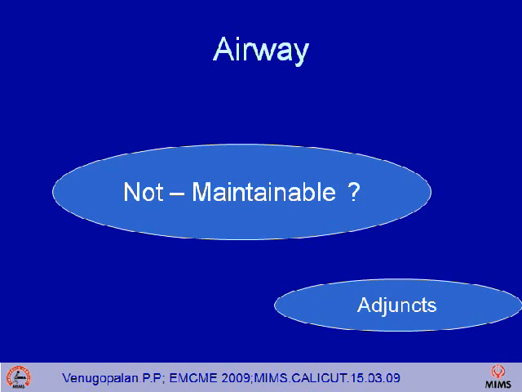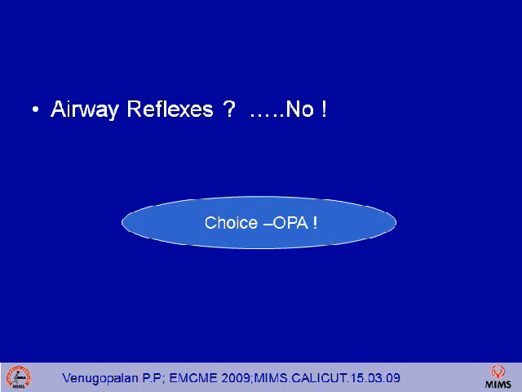While managing an airway, after your initial assessment, the next question to be answered is whether your airway is maintainable or not with a simple technique like head tilt and chin lift. If it is not maintainable with a simple technique like head tilt and chin lift or a jaw thrust, naturally this is the time to use airway adjuncts. What airway adjuncts are available?